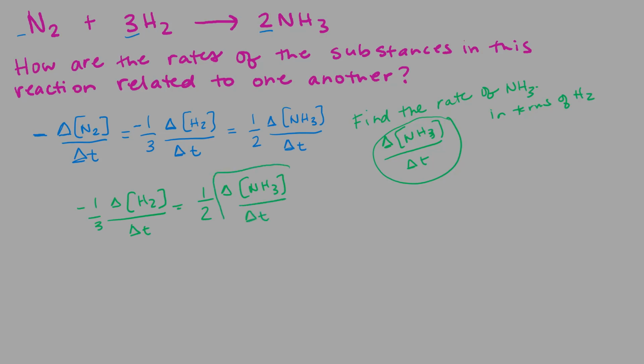And if I'm looking for this, so if this whole thing is my x value, then in order to solve for that, I would multiply by 2 on both sides. So the 2's would cancel out over here, and I'd have my x alone, and then I would have negative 2/3 change in H2 over change in time is equal to my change in the concentration of NH3 over change in time. So this looks funny, but guys, it's just a mole to mole ratio.